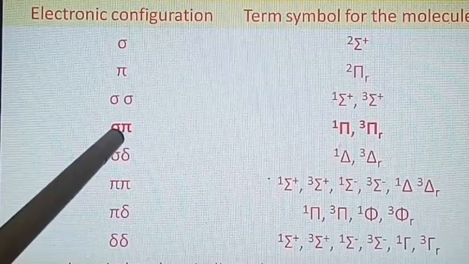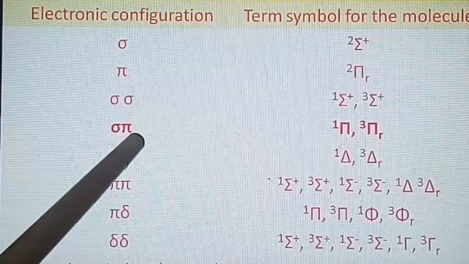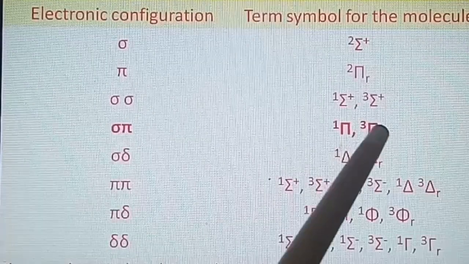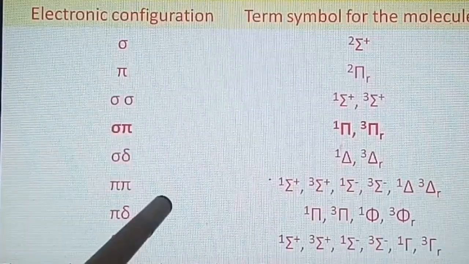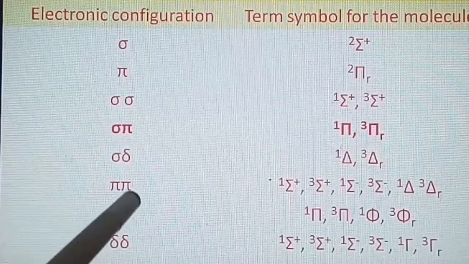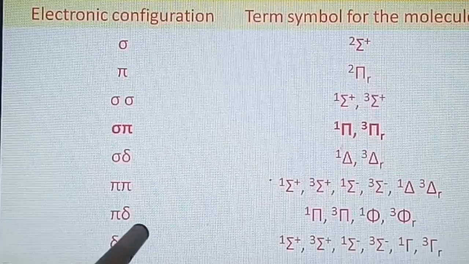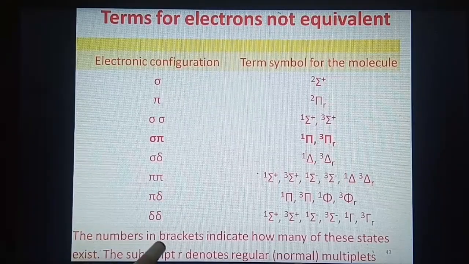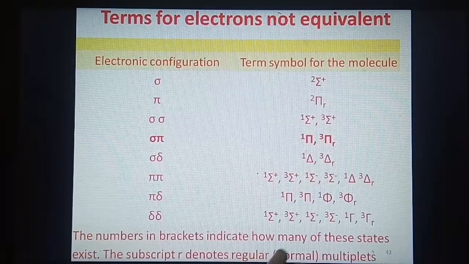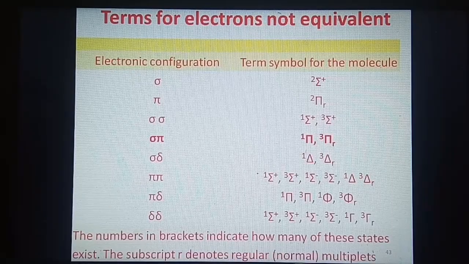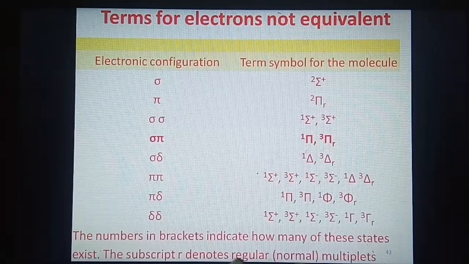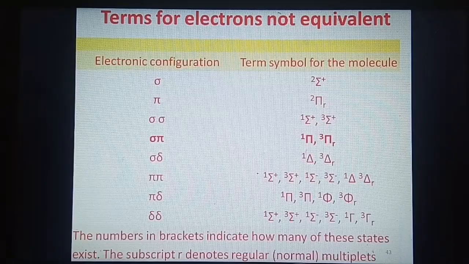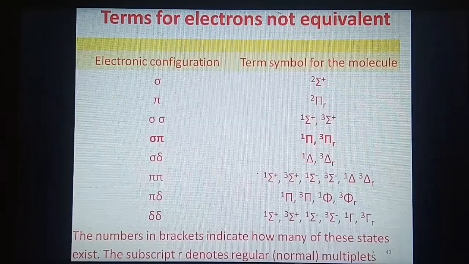If one electron is in sigma and one electron is in pi, then the term symbol will be there. Here also delta is given, but we have not discussed delta in our chapter. The numbers in brackets indicate how many of these states exist. The subscript R denotes regular or normal multiplets.